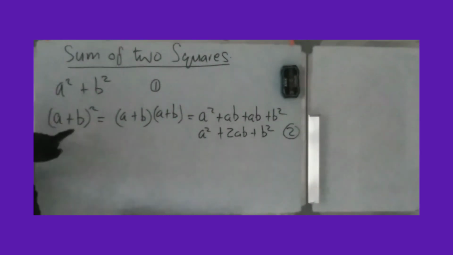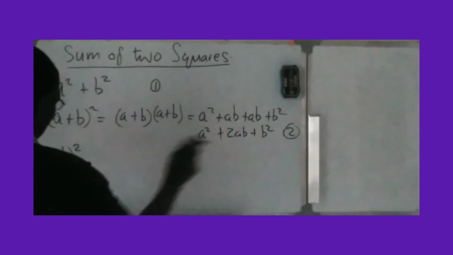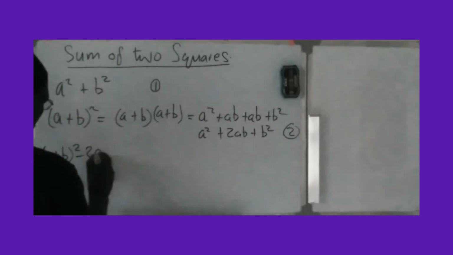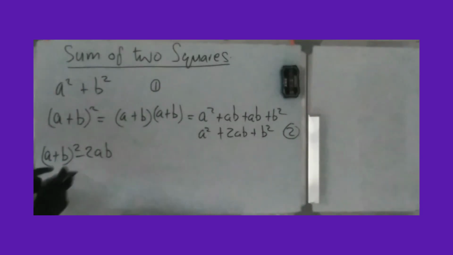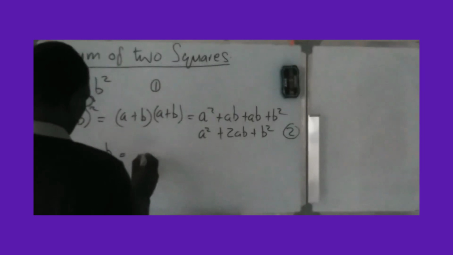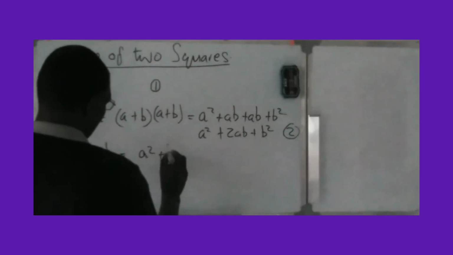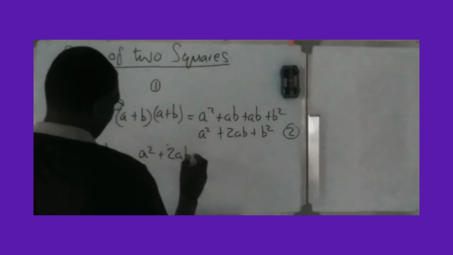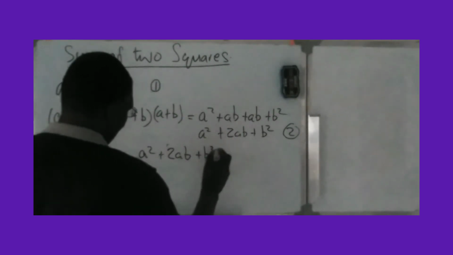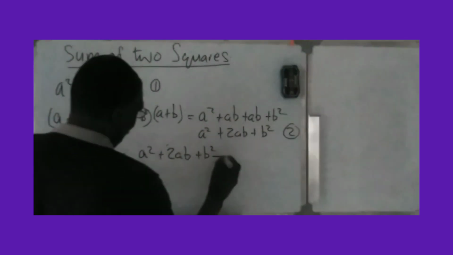So if I was to take this expression there, a plus b all squared, and subtract 2ab, I would get a squared plus 2ab plus b squared, then minus this 2ab here.